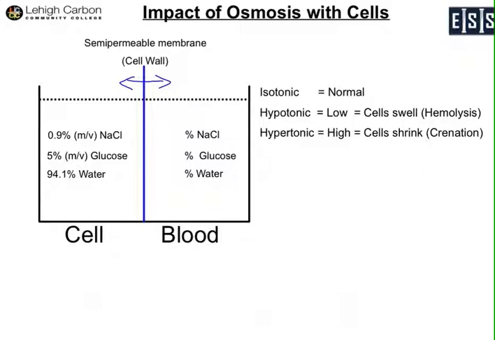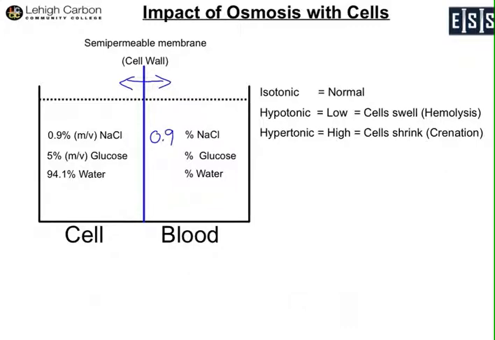And so if you look at the 0.9 and 5 together and say the rest is water, you end up with 94.1% water to make up the remainder of the solution. Now on the other side of the cell wall you have your blood, and if you have normal levels, or if you're healthy, you should be balanced.